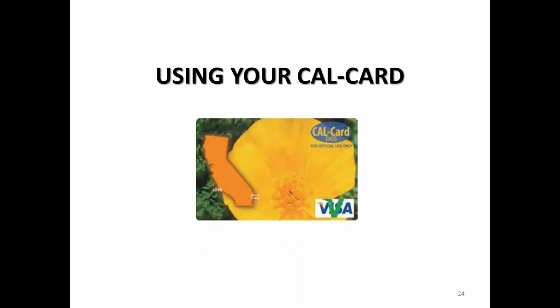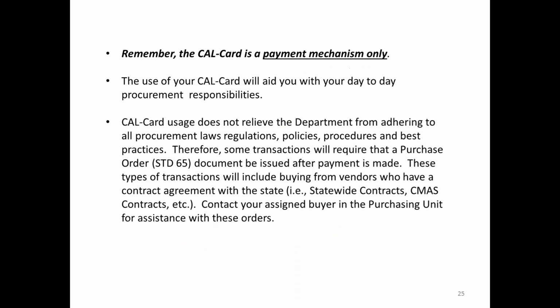Using your CalCard. The CalCard is a payment mechanism only that will aid you with day-to-day procurement responsibilities. Remember, utilizing the CalCard does not relieve our department from adhering to all procurement laws, regulations, policies, procedures, and best practices.